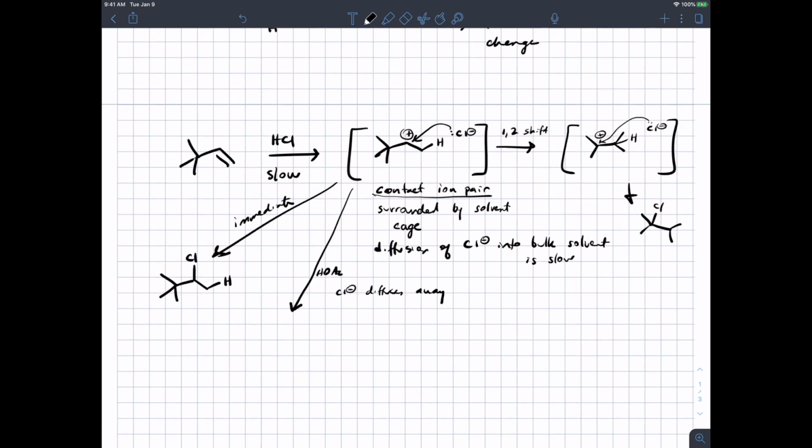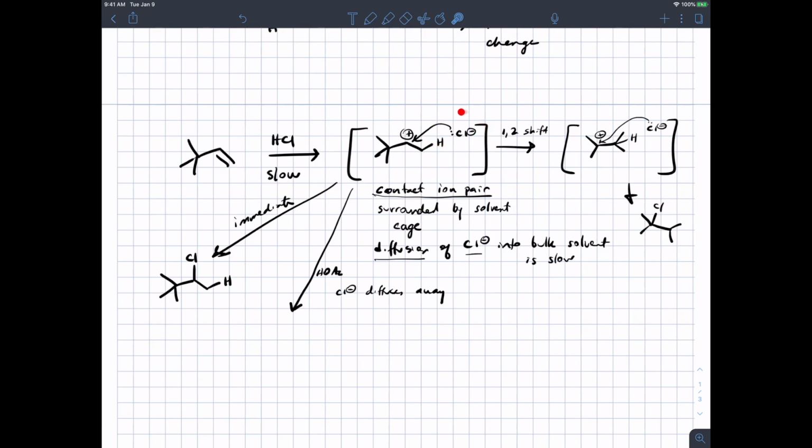So because diffusion of the chloride is slow, even if you add chloride to the solvent to try to bias the reaction in one way or another, this chloride in the contact ion pair is never in equilibrium with chloride in the bulk solvent.